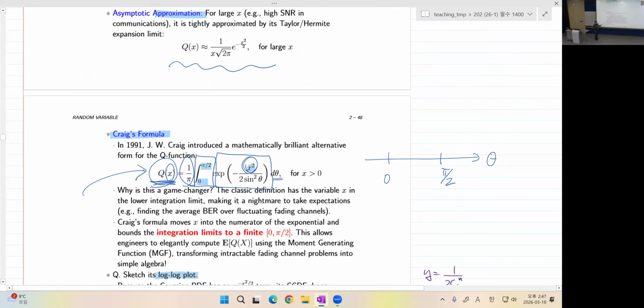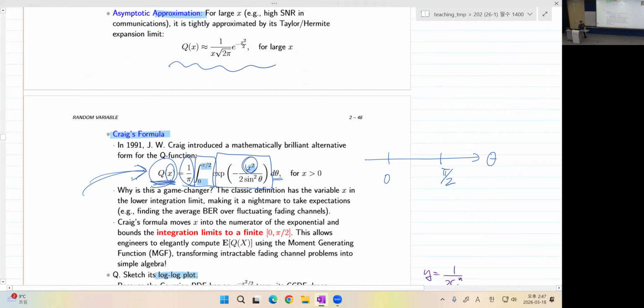this kind of conversion of the Q function, which is originally an improper integration, to a proper integration, may just be fun for the mathematicians, but for engineers, especially communication engineers, this was kind of finding a treasure island. So they found a treasure.